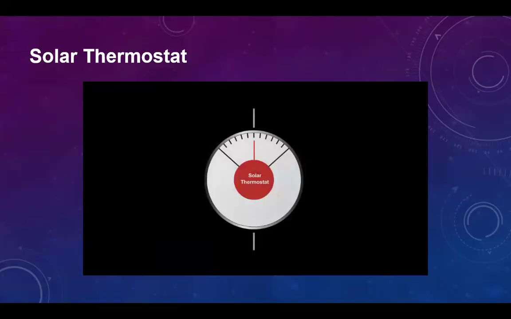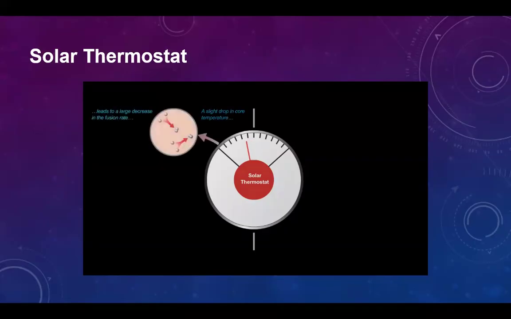Let's see how the interplay of these 2 kinds of balance acts as a self-regulating thermostat. This dial, shown at its middle position, represents the Sun's core temperature when both balances are working together to keep the temperature steady. Suppose the core temperature dropped for some reason. This would cause the fusion rate to drop because the rate of fusion is very sensitive to temperature.